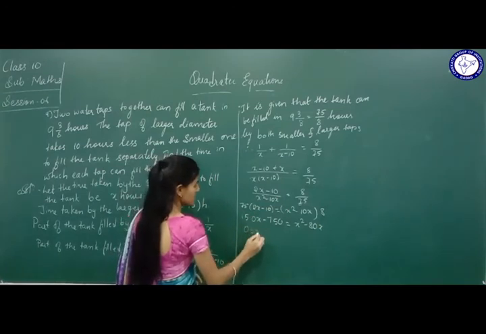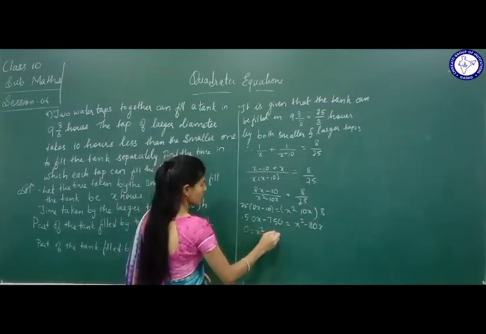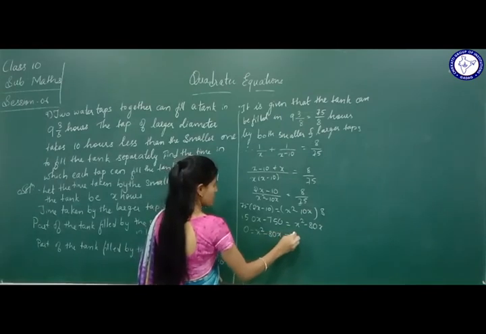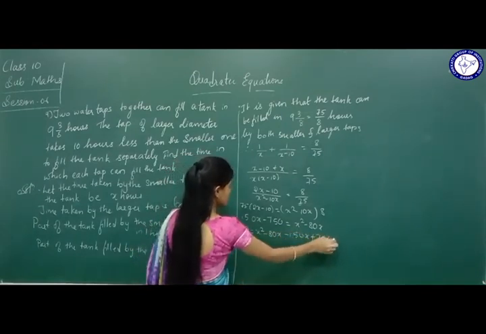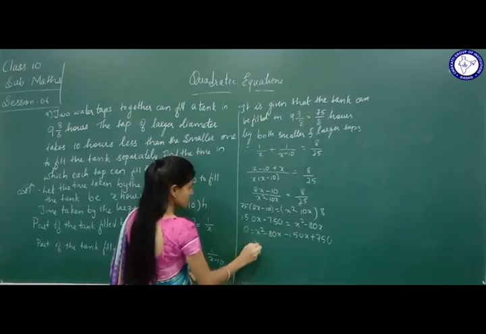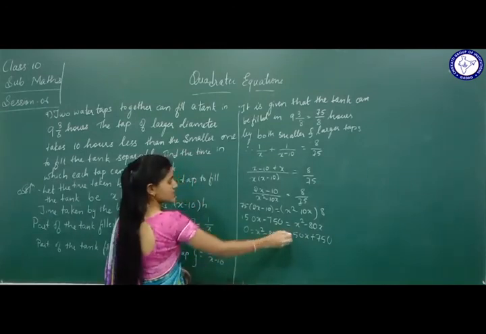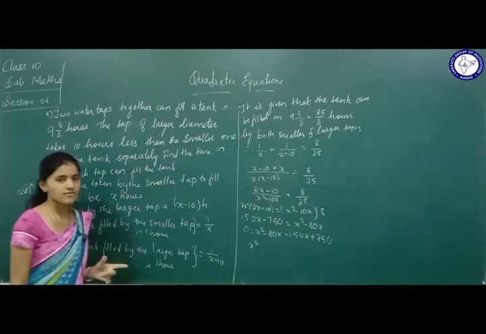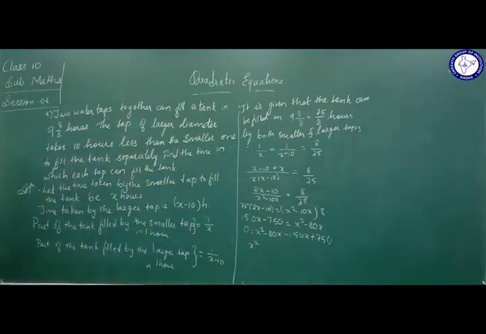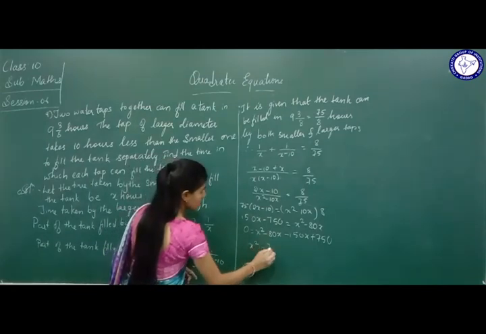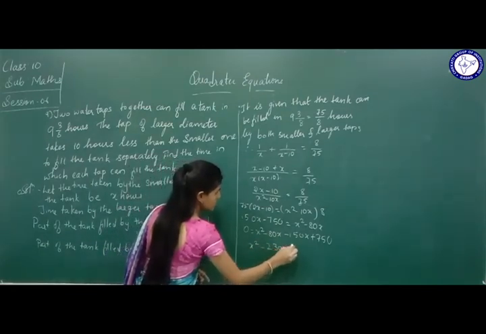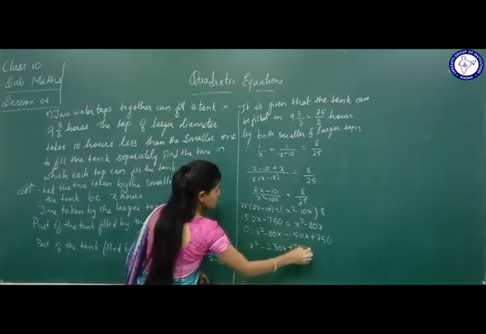That is 0 is equal to 8x square minus 80x minus 150x plus 750. This can be written as 8x square, 80 minus 150, that is how much we are going to get? We are going to get minus 230x plus 750 is equal to 0.